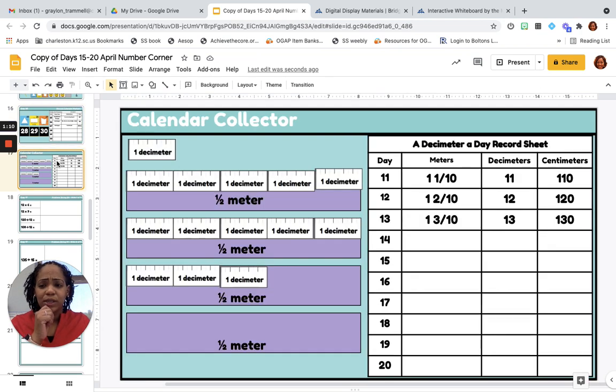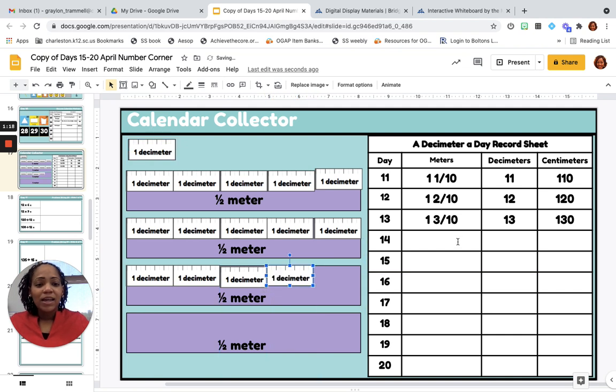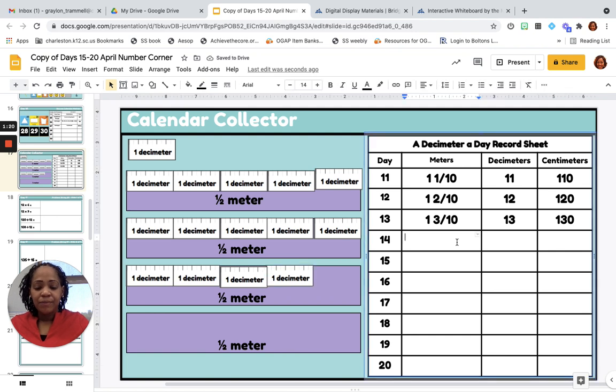Today is also the 14th day of us collecting a decimeter, so I'm adding my 14th decimeter here, and that means now I have 14 tenths, because each decimeter is worth 1/10 of a meter. 14 tenths is the same thing as saying 1 and 4 tenths.